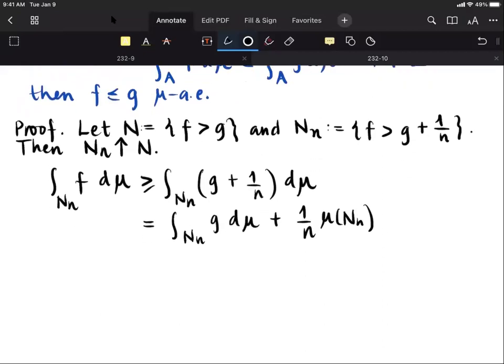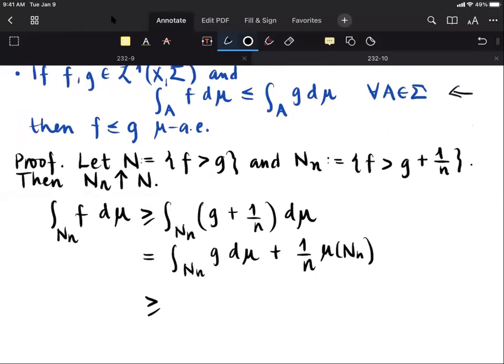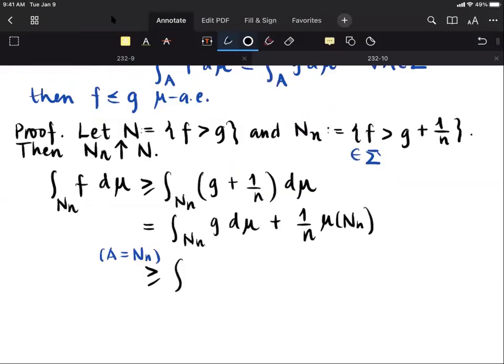And the assumption, if I take A to be N sub n, and of course this is in sigma due to the measurability of f and g, so this is greater than or equal to the integral of f d mu plus 1 over n mu of N sub n.